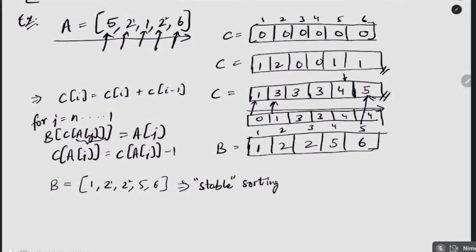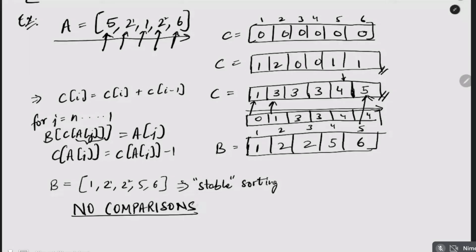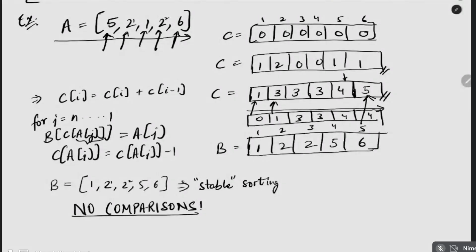And also note that there are no comparisons here, right? We never compared any of the values. The comparison was done automatically by counting, by these two steps, by counting and then taking the cumulative count, right?